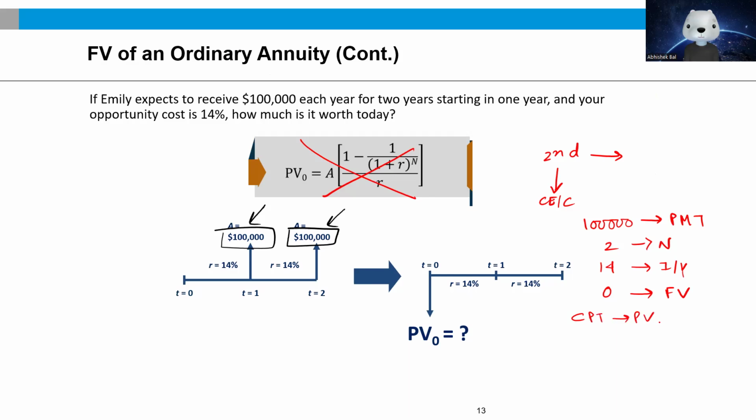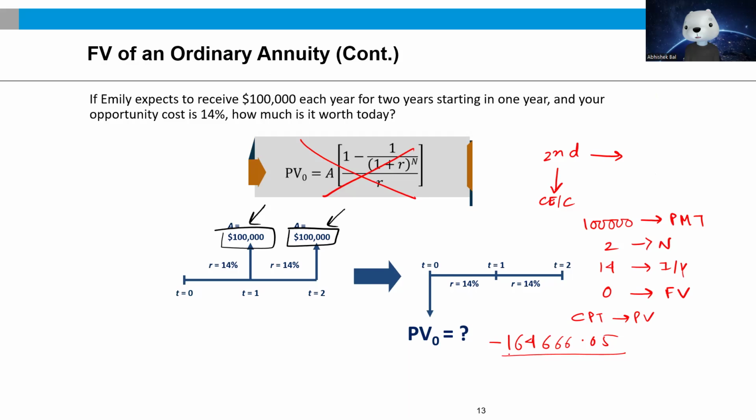All right. So 4 data are being given. You can key in these 4 data and ask your calculator to give you the value. And the calculator is going to throw you a value of 164,666.05.